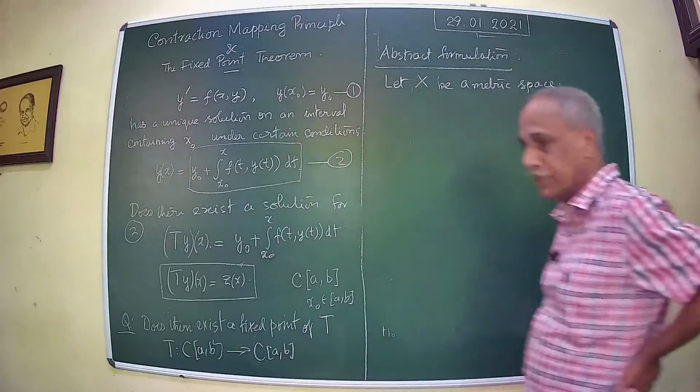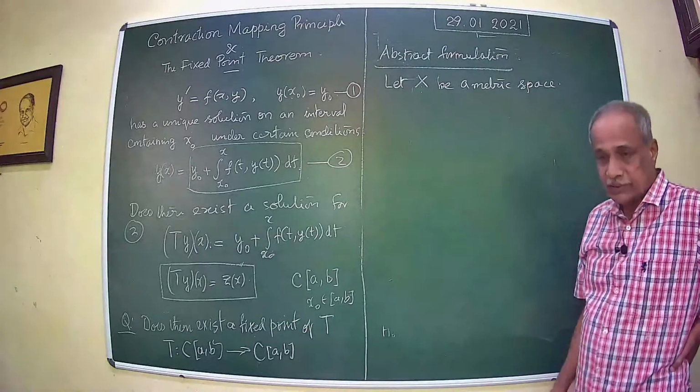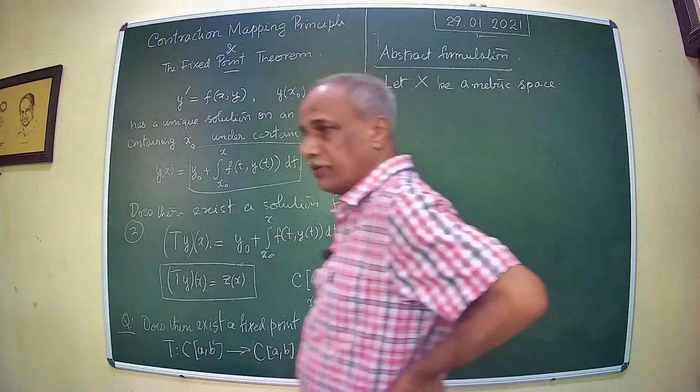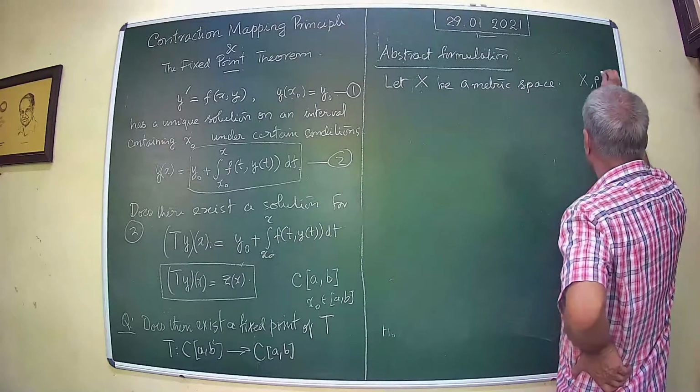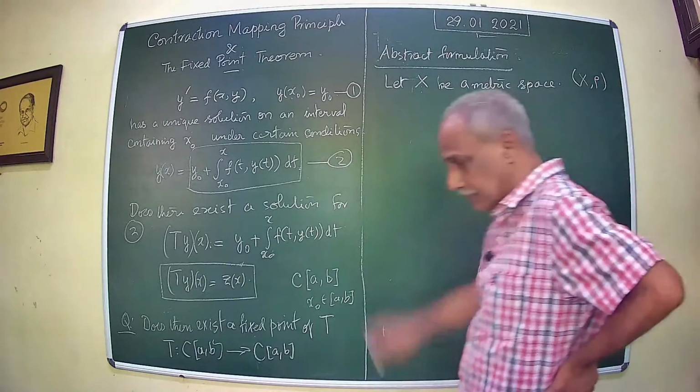That means X is a non-empty set with a notion of distance defined on that. So what you have is (X, rho). I presume that all of you know what a metric is.